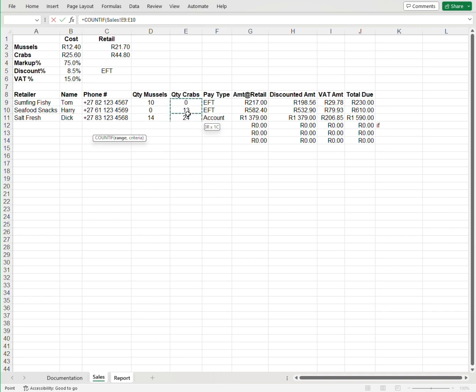Here is 13. So anything greater than 0, it means we have a customer. If it's 0, it means no one came. We don't have a customer. So it means Mr. Tom is not a customer for crepes. But because Harry is a customer, because we have 13 there, it means Mr. Harry did come and buy the crepes. It means we now have how many customers? 1 customer. And we have Mr. Dick there.